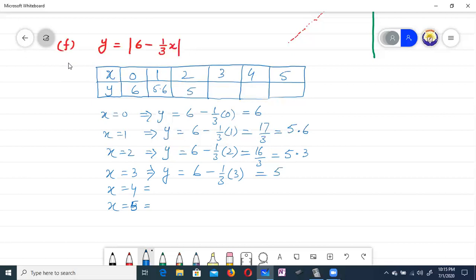Here is 5. Then if x equal to 4, then y will be equal to 6 minus 1 by 3 into 4, then 6 3s are 18, 18 minus 4, 14 divided by 3, 14 by 4 3s are 12, and 2 14, it will be 4.6.